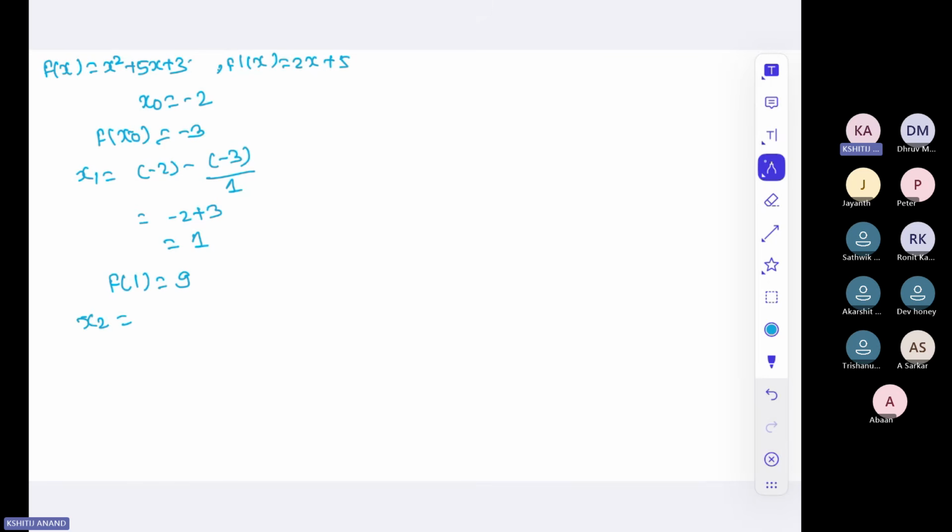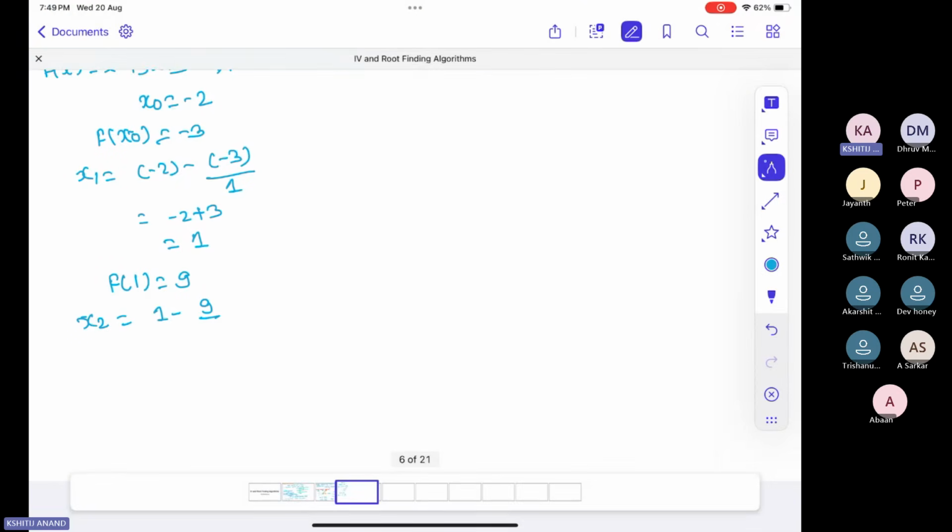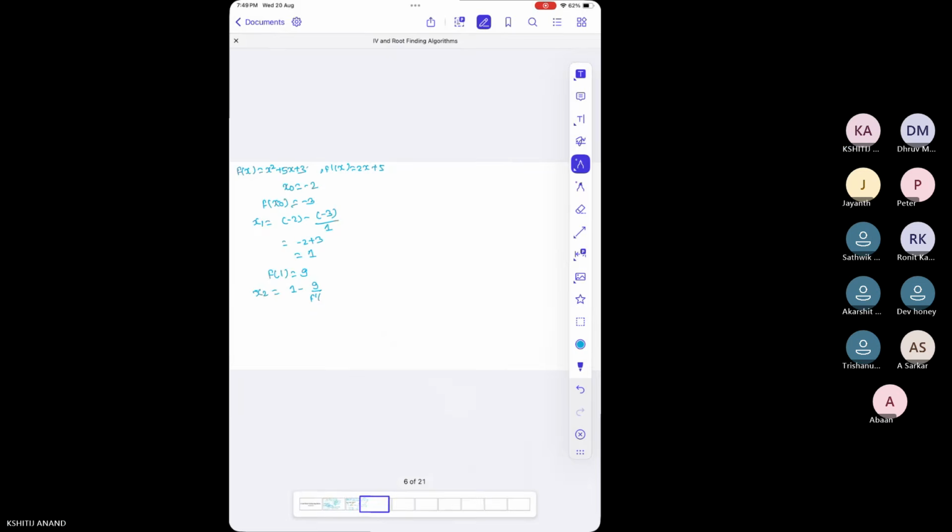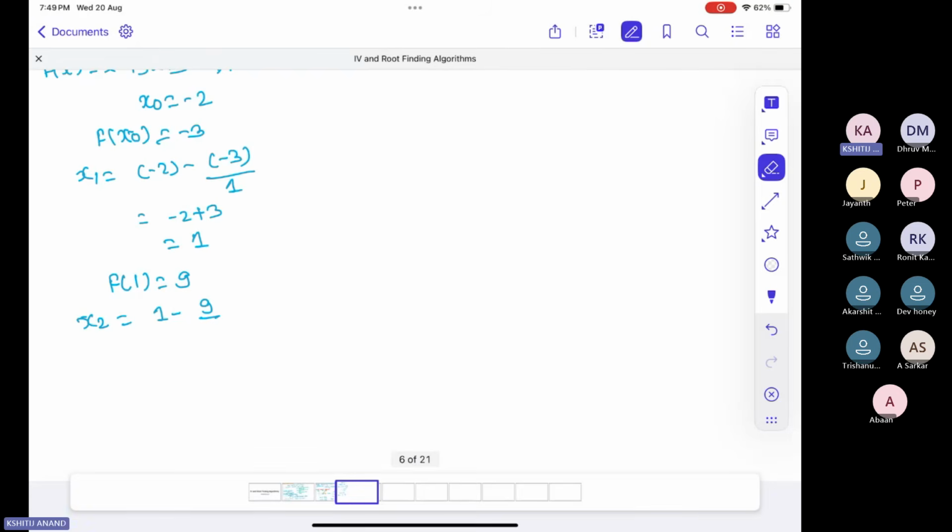X2 will be x1, which is 1, minus f of 1, which is 9, divided by f dash of x1. So what is x1? X1 is 1. So what is this value? It is 7. Correct.